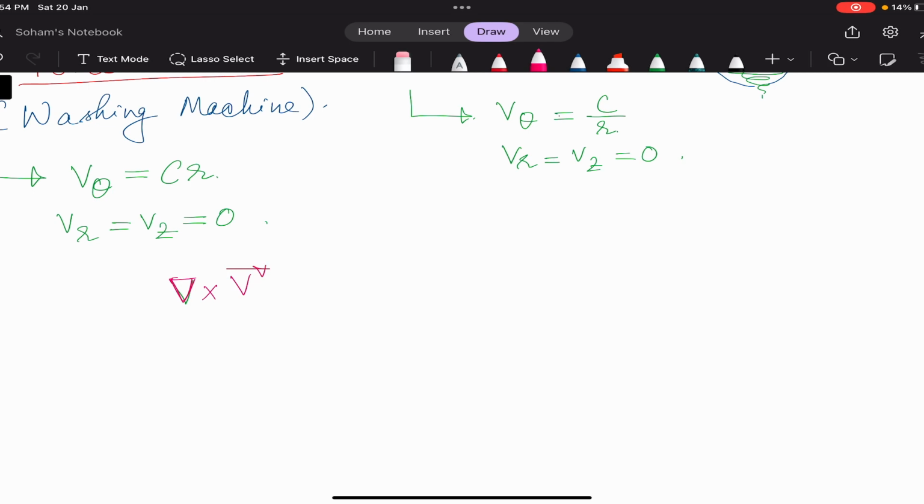You will remember this by your own experience, even I don't remember these things. It is the expression of this nabla operator in r theta z coordinate. So this will be e_r, e_theta multiplied by r, and e_z.